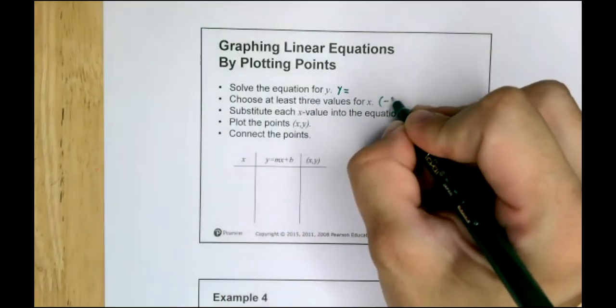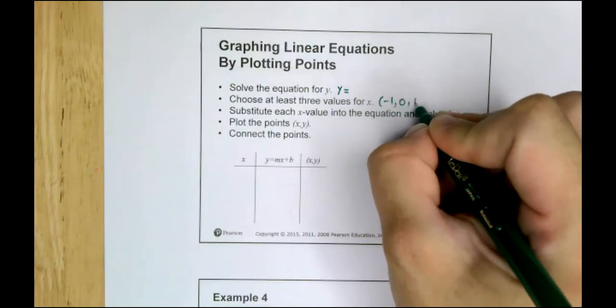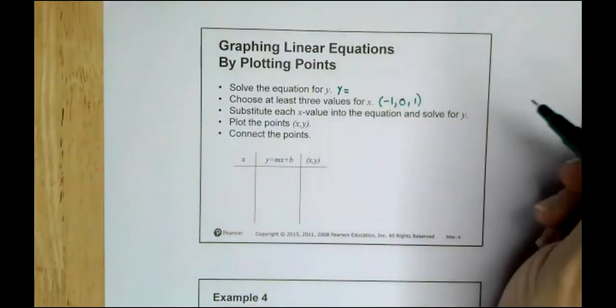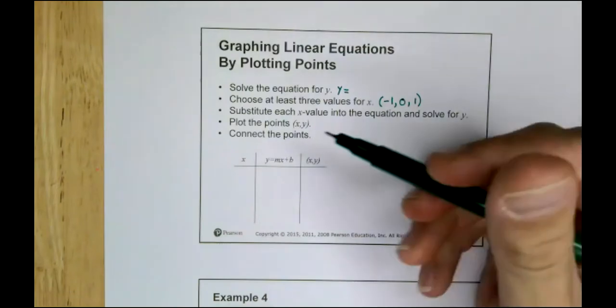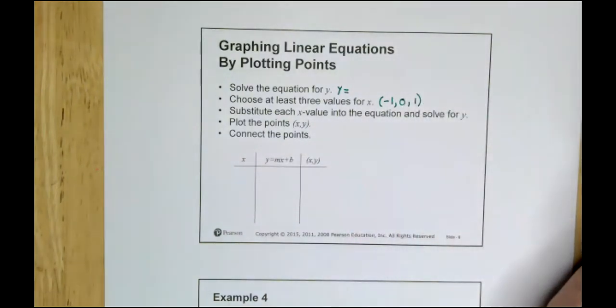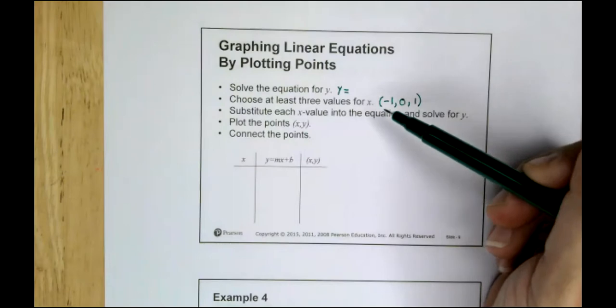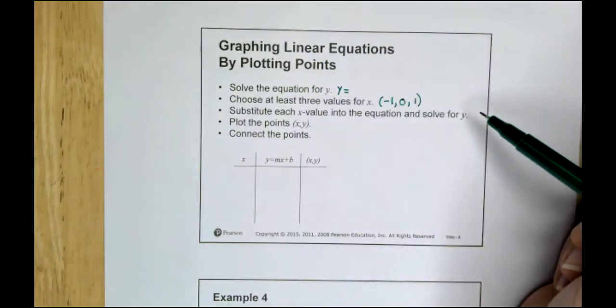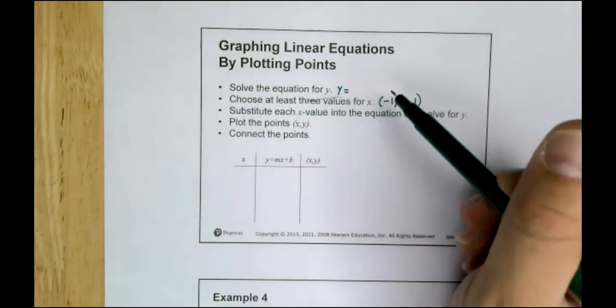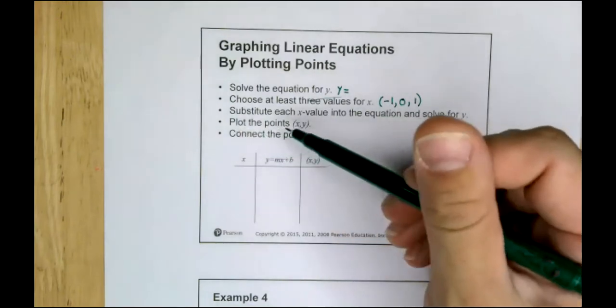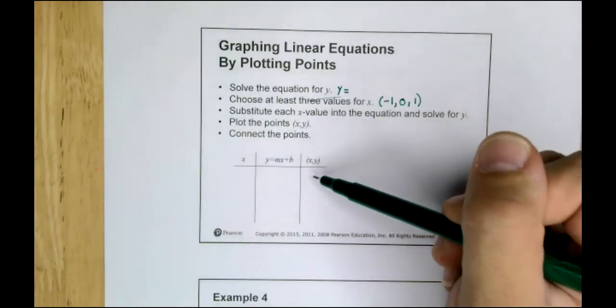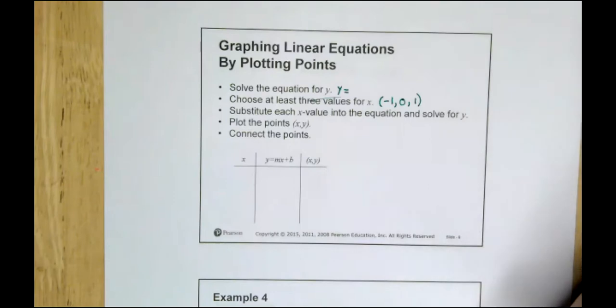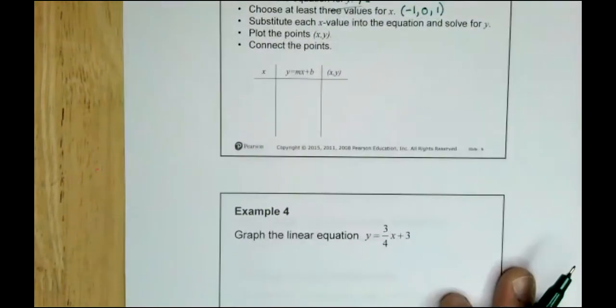I like -1, 0, 1, because I want small numbers if I have to graph this, and I want to do math with easy numbers like 0. Substitute each x value into the equation and solve for y. You can use any 3 values you want. Plot the points just means put the x, y on the graph and then connect the points, okay?